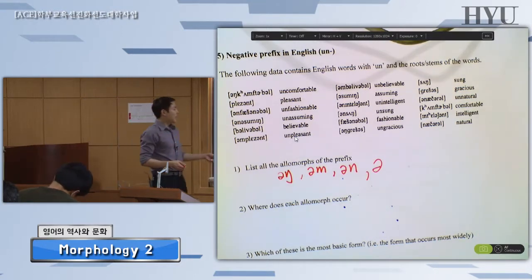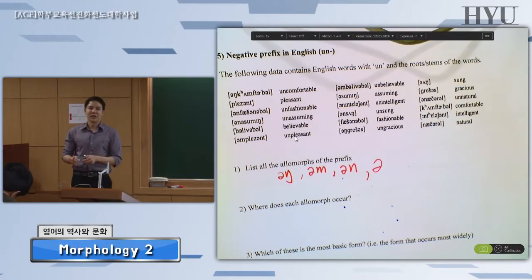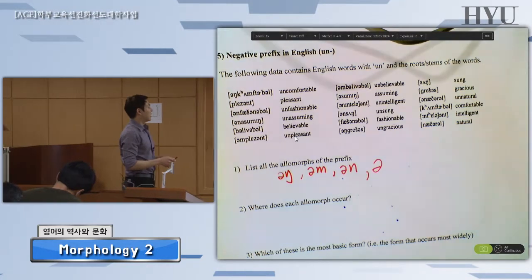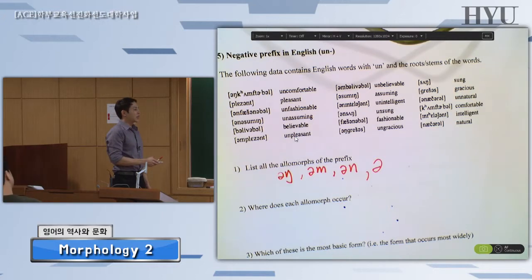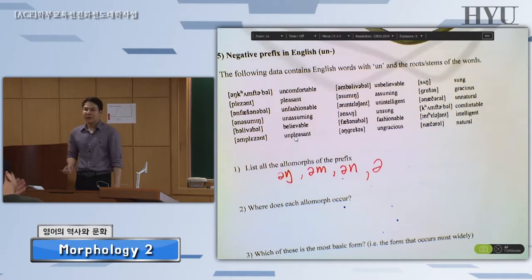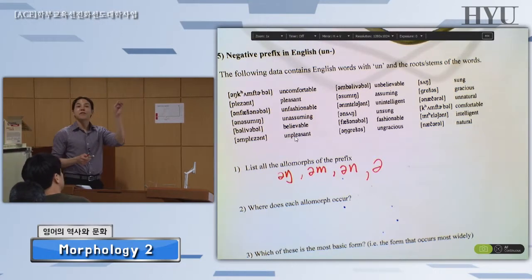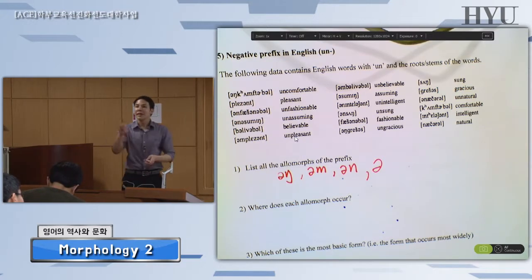Where do you find N with a tail? Where do you find M? Where do you find N? Look at all these examples. What do we find after it? Yes.